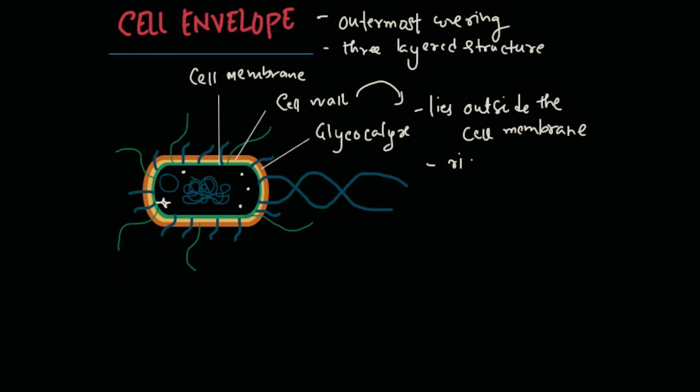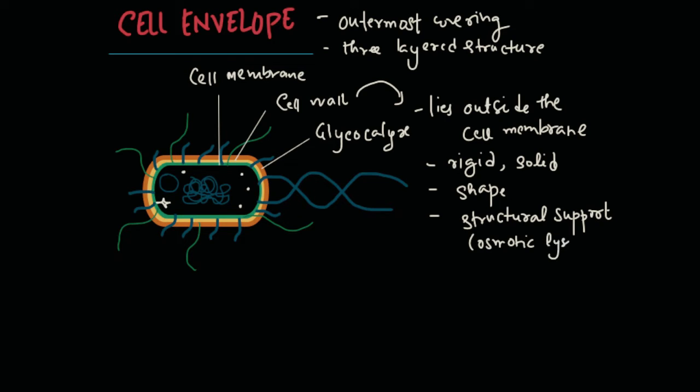It is a rigid, solid covering. In terms of its function, it provides shape to the prokaryotic cell, that is, it determines the shape. It also gives structural support to the cell by preventing it from osmotic lysis.